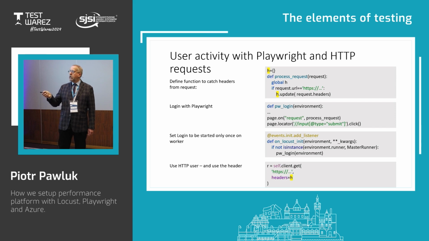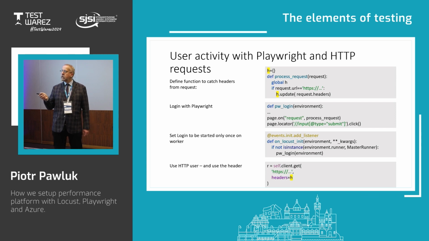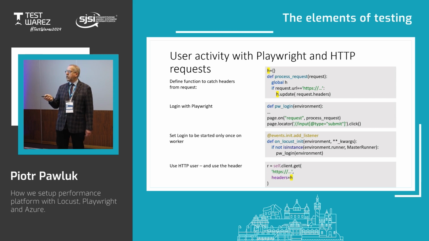And now I need to start at least one login. So I'm using this decorator from Locust, on Locust init, I'm running this. If it is not the master runner, so it is to run only on a worker, not on the master, then I'm starting this function, Playwright login.